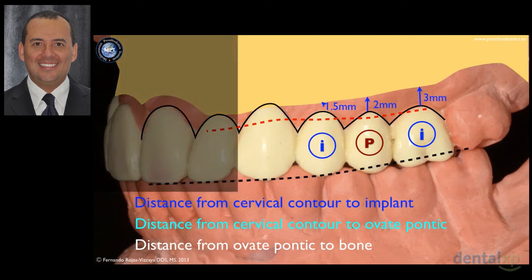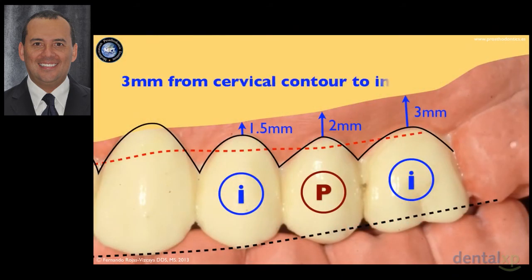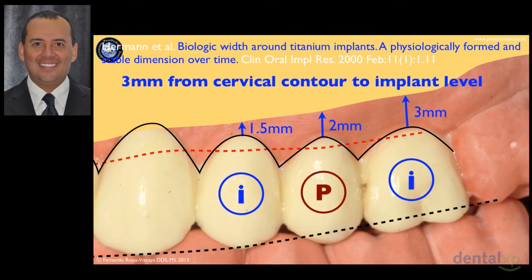Let me focus in this area. So we need the 3A part of the rule. We need to place the implant from the margin at 3 millimeters from the cervical contour. You can see that in the molar I have 3 millimeter distance. This is like the molar that I showed you before.